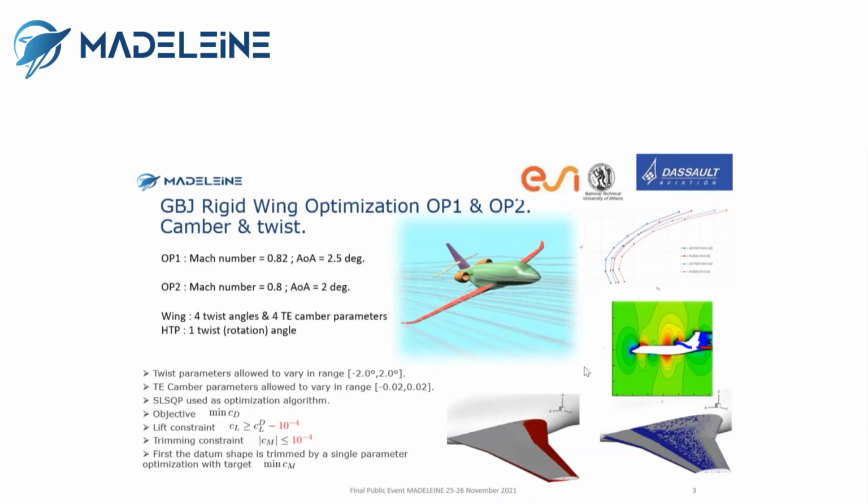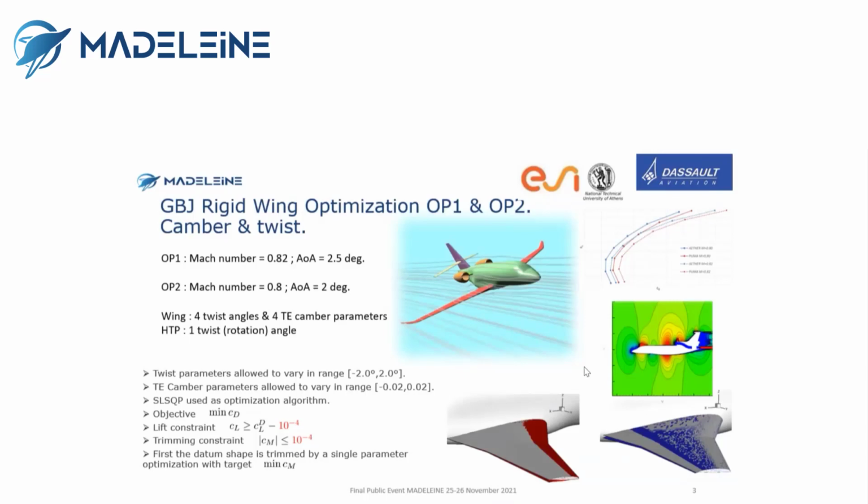What we want to optimize is the shape of the wing. In order to do that, we use a CAD modeler, and we have some aerodynamic parameters: twist angles for the master section, control sections, and a trailing edge camber parameter.